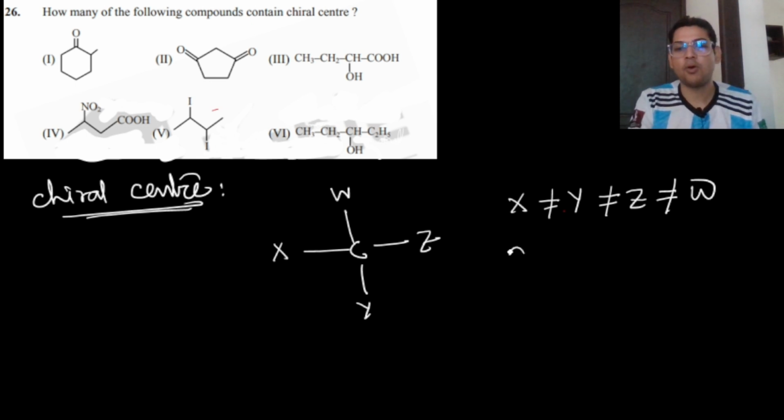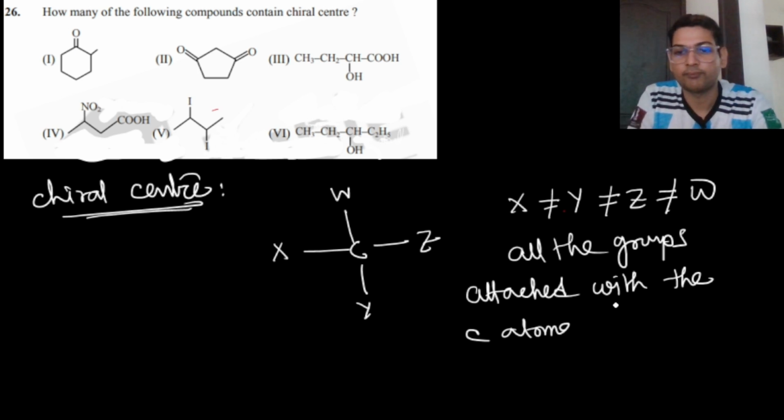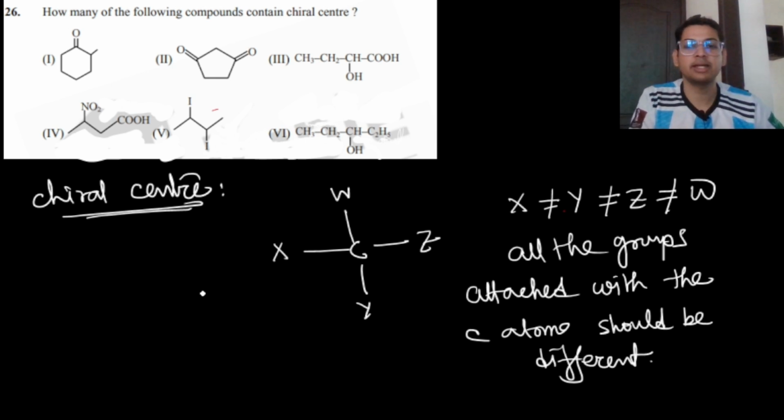That means all the groups attached to the carbon atom should be different. Then we can say that is a chiral center.